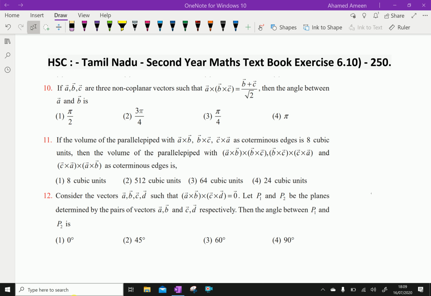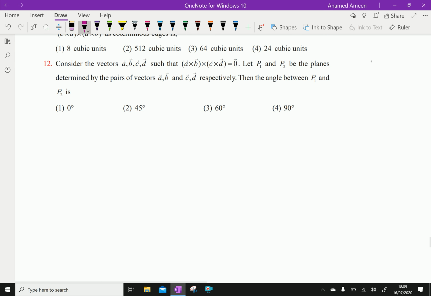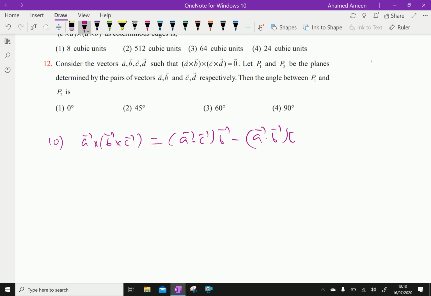Here, A cross (B cross C) we can write as (A dot C) B minus (A dot B) C, which is equal to the given vector B plus vector C by root 2.